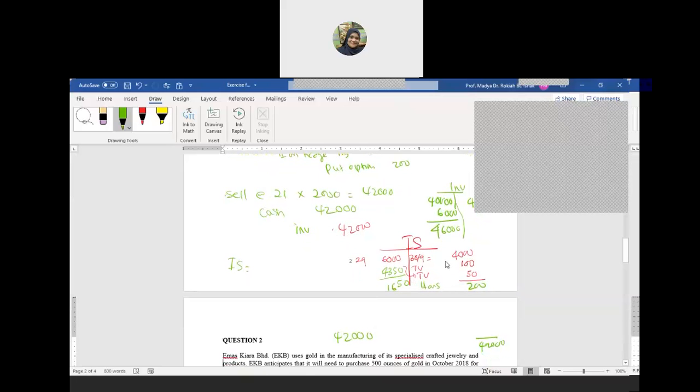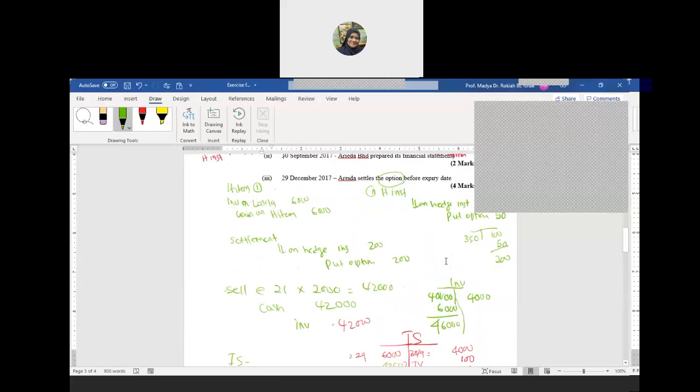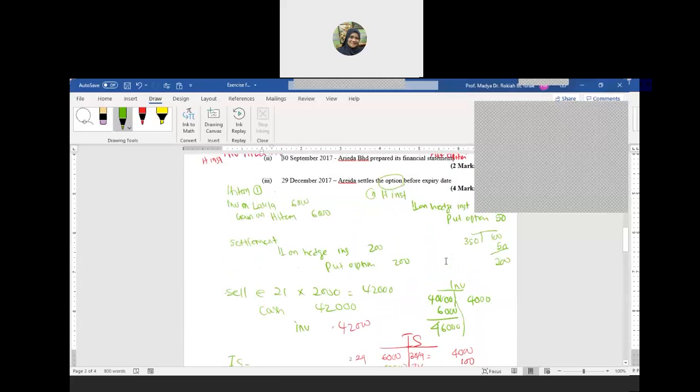But the question here, in the B part, some of the information is missing. So we just assume some of the information, like the one that we assume here is the market price of the shares. Yeah? We only assume that one. And then on the 29th, it says that ARIDA only settles the options.